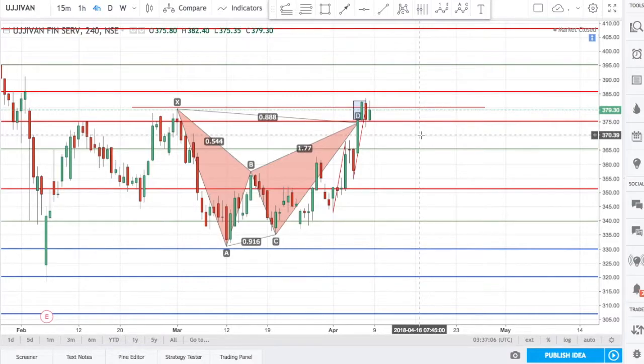So let's now mark our first and second targets at the 0.382 and 0.618 retracement levels from A to D respectively.